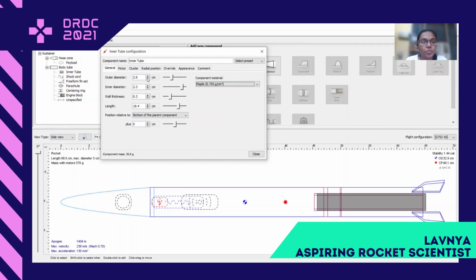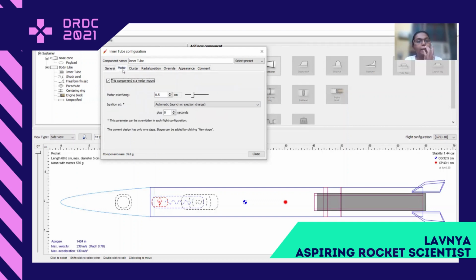It has a 2.9 outer diameter, and in the motor we have the component, a motor mount. My motor overhang is 0.5 centimeter, which I can also reduce.